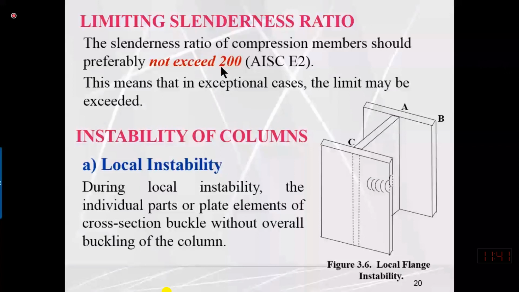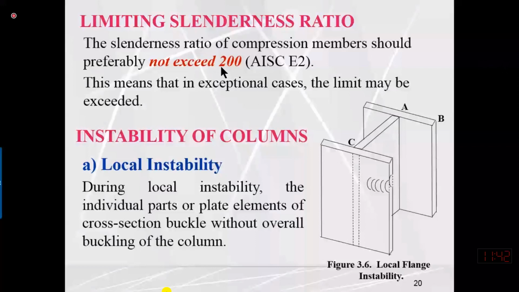Along with overall stability, a compression member also has local instability. What is local instability? It means that some portion of the web or flange may buckle before overall buckling occurs.